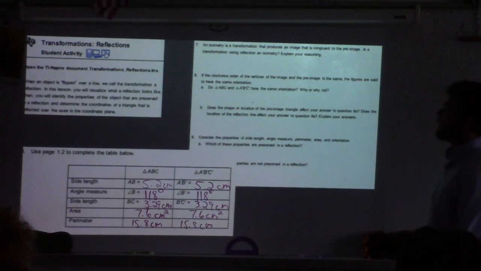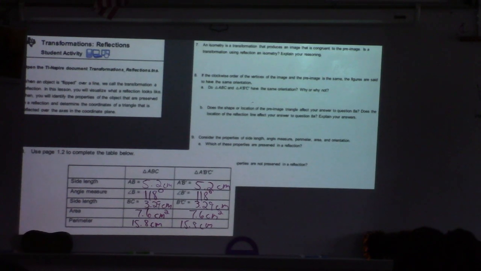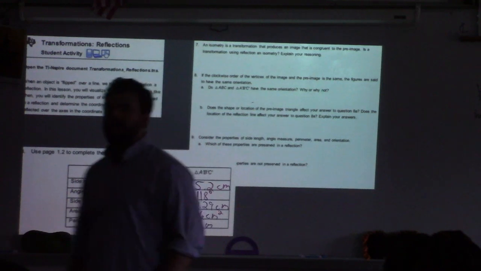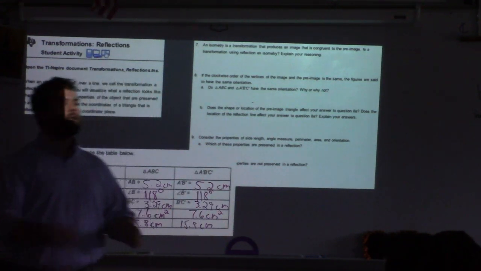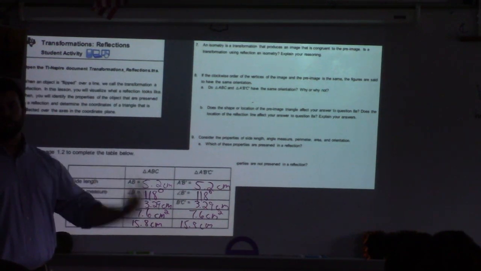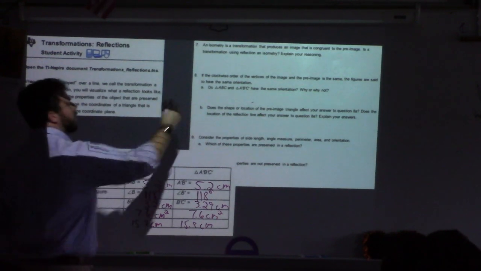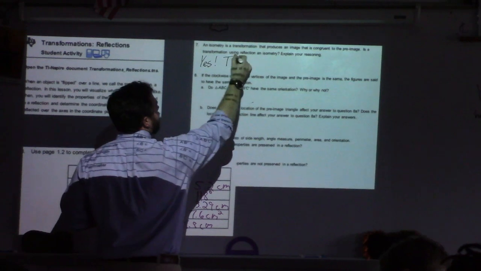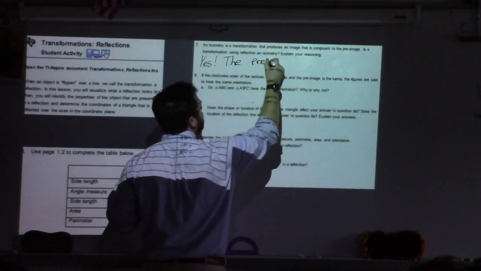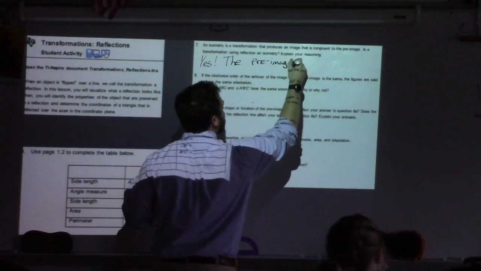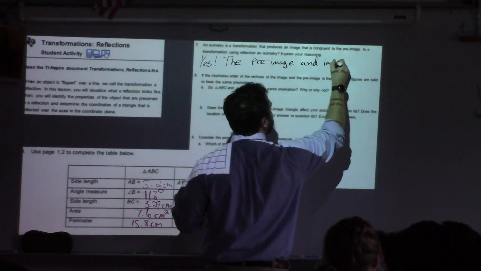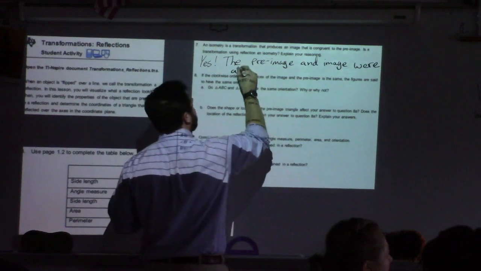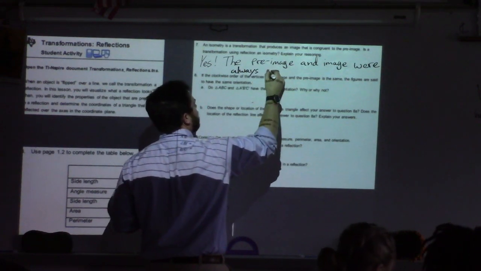Is a transformation using reflection an isometry? Yes. It did not matter what the line of reflection was. It did not matter what the triangle was. The pre-image and the image were always what? Congruent. The pre-image and image were always congruent.